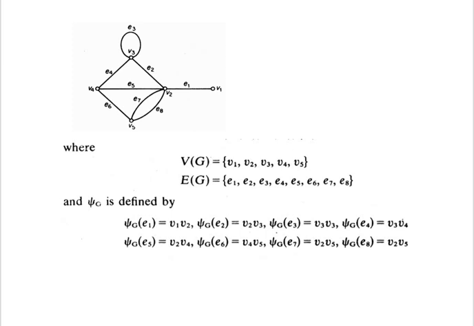And talking about whether this graph is simple or not. This graph is not simple because it contains a loop, say E3, and also there are two distinct links which have the same end vertices, say E7 and E8. So this graph is not simple.